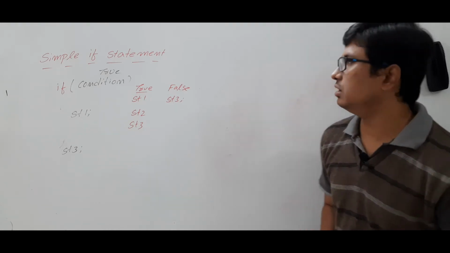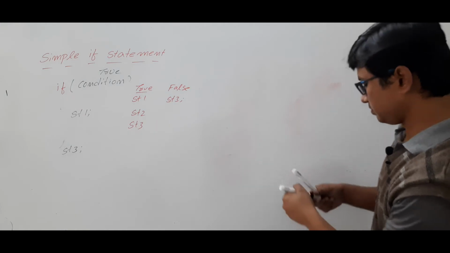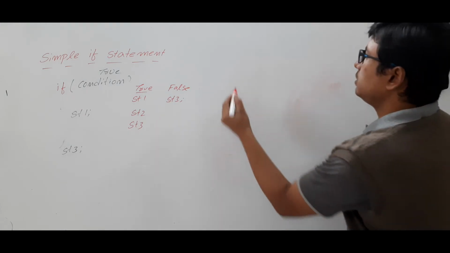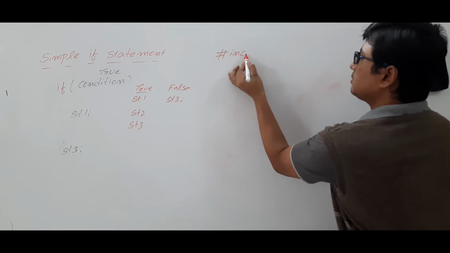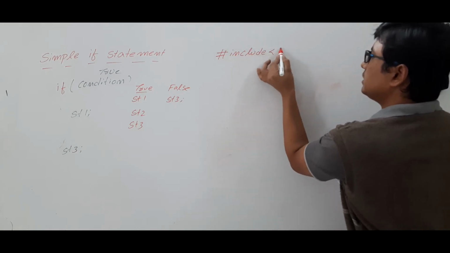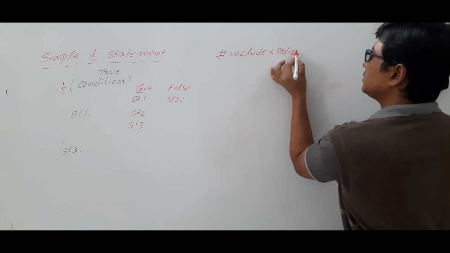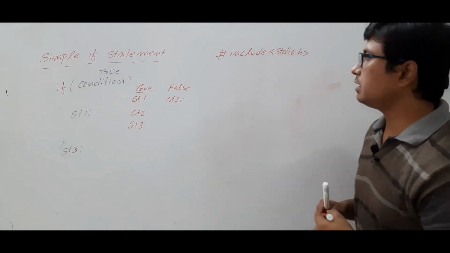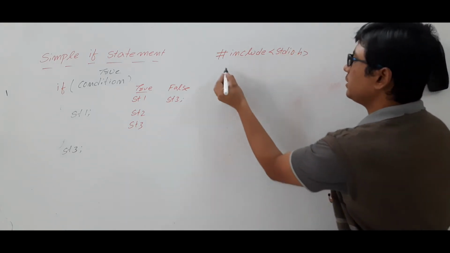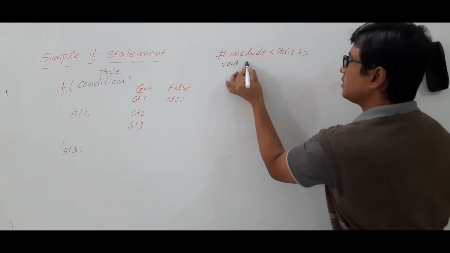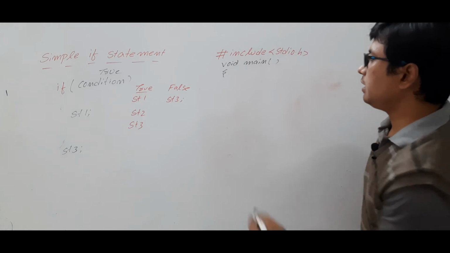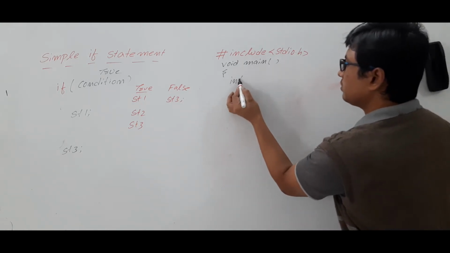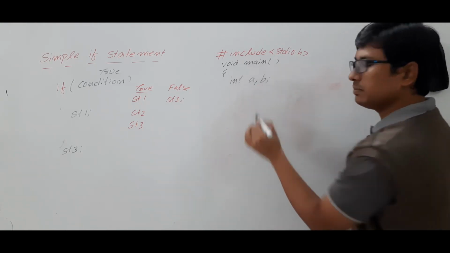Now let me write a simple C program to check whether a number is greater than another or not. Let's take that I have written a statement called #include <stdio.h>, and then I am writing void main, and I am declaring two integer variables a and b.